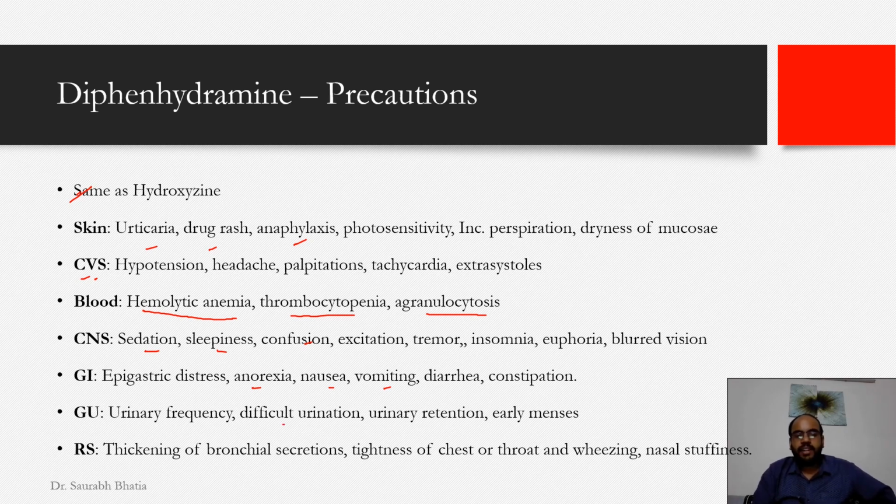Genitourinary can have difficult urination, urinary retention, especially in patients of benign prostatic hypertrophy. Okay, so in older patients who don't have a proper working prostate or any cause of urinary retention. Now remember, there's one point I would like to discuss here. These kind of drugs are used in patients who don't have a proper functioning bladder.